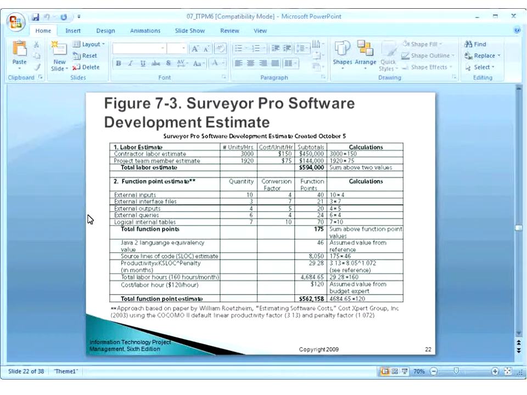And this is the development estimate, the labor estimate, and there is another, the function point estimate. You can also count how many function points you have in your software, and you calculate them according to the function points. The unit is sometimes considered as lines of code, and sometimes you consider function points.